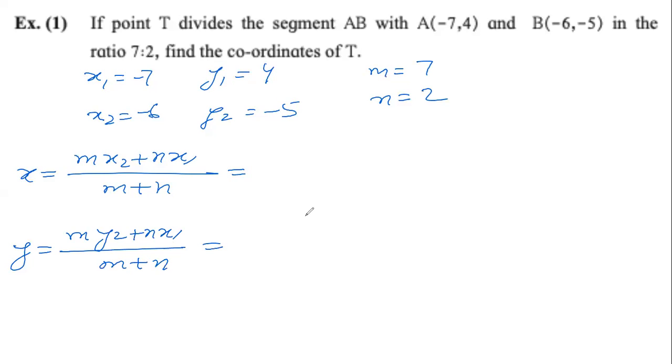Is it x1 or y1? Yes, this should be y1. Good. So x will be calculated as mx2 plus nx1 divided by m plus n, and y can be calculated as my2 plus ny1 by m plus n. Just put in the values and see what final numbers you are getting. Do it in your notebooks.